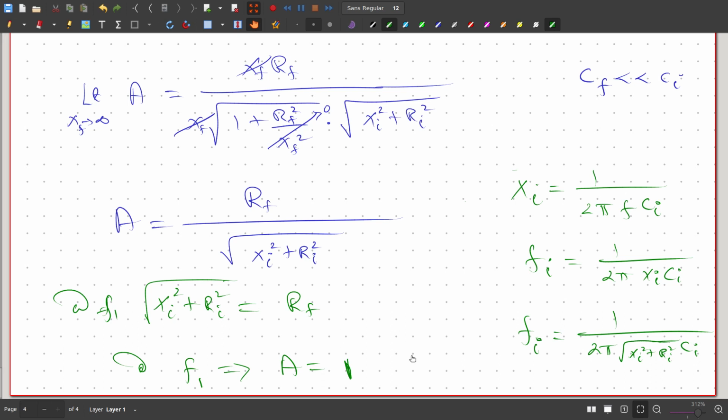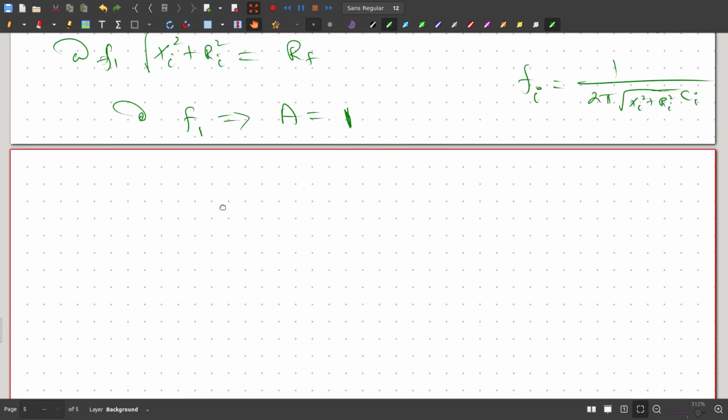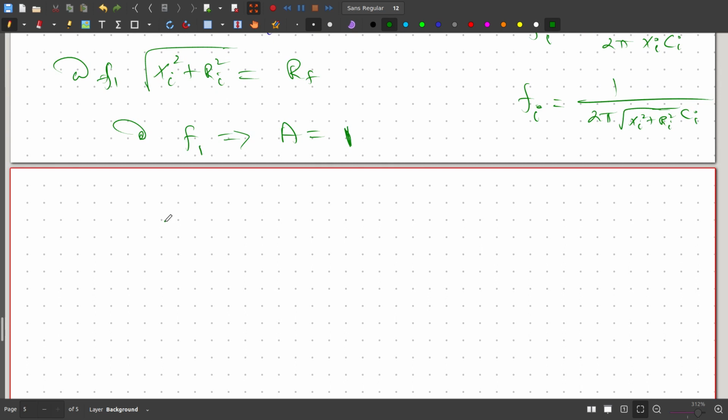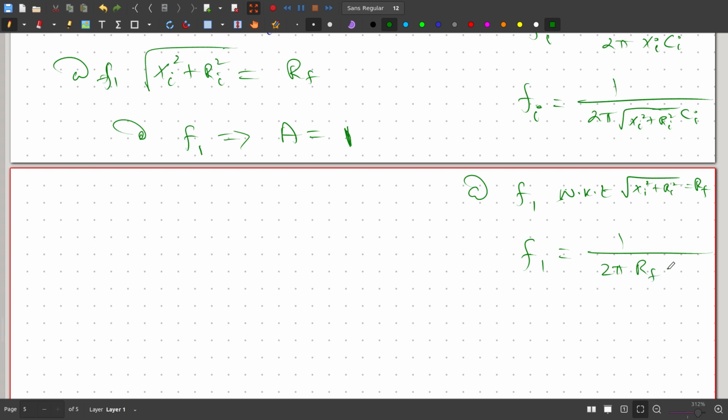And at F1 we know that this quantity is equal to Rf. This root of Xi square plus Ri square equals Rf. Therefore we have F1 equal to 1 by 2 pi Rf Ci.